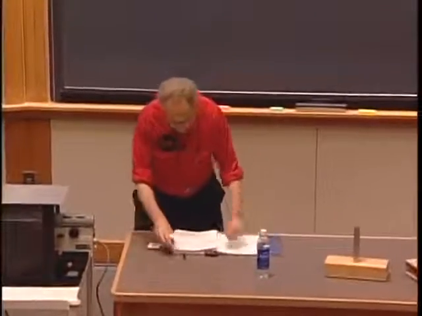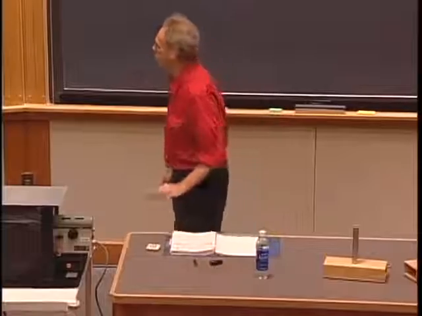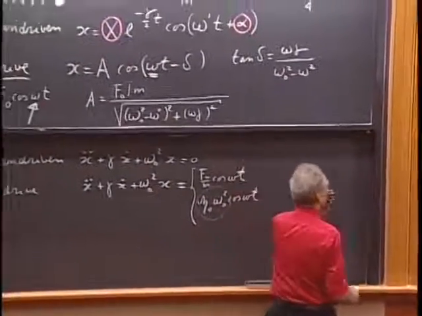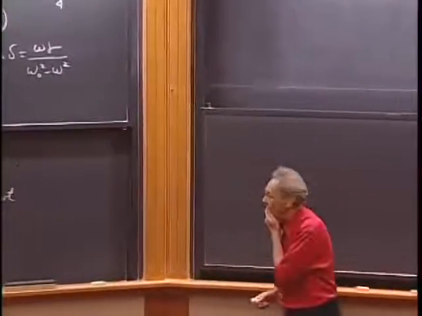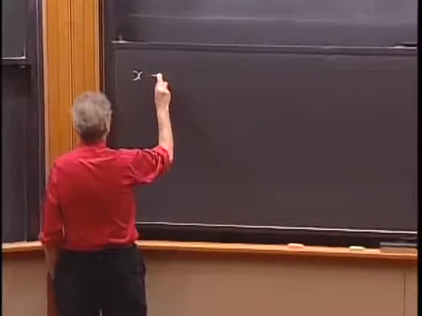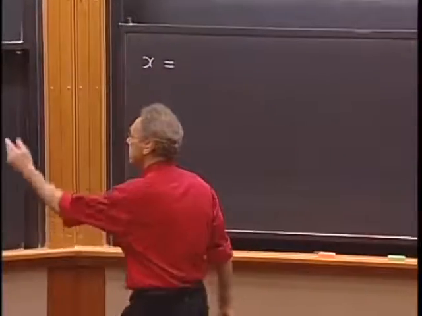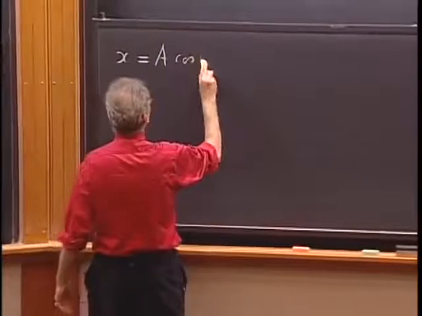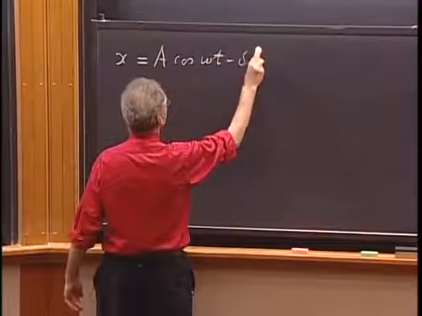And so I will write down now the general solution, which is the one that governs a major part of the lecture today. So x, as a function of time, is the steady state solution, A cosine(omega t minus delta).